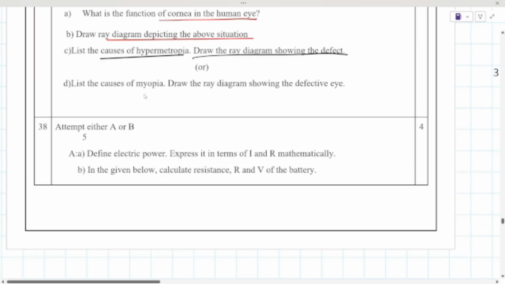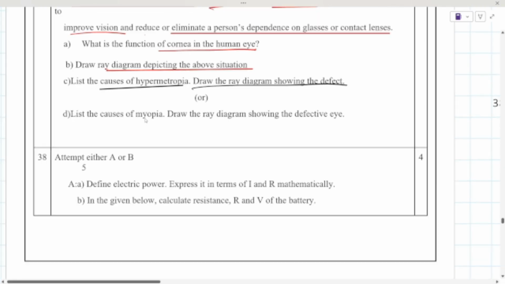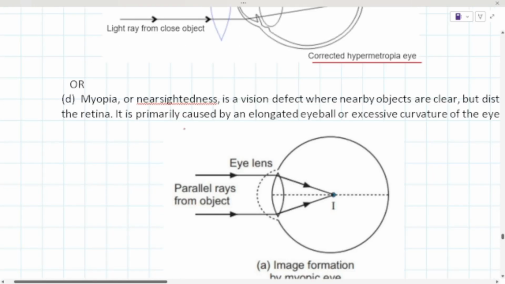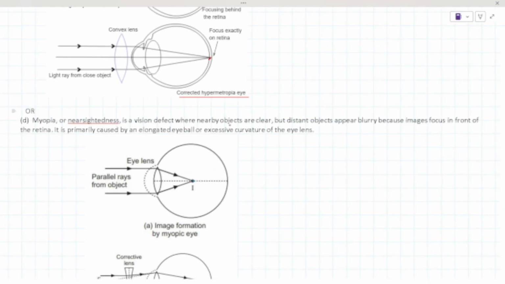Now there is a question on the cause of myopia. Myopia is also known as nearsightedness, where nearby objects are seen clearly. The image is focused in front of the retina, right?